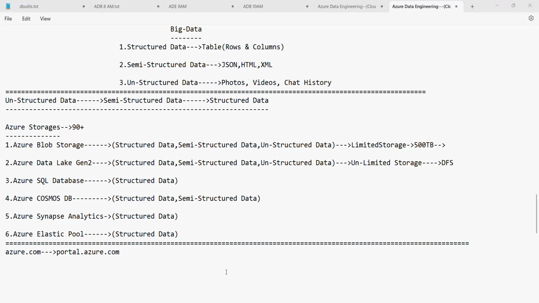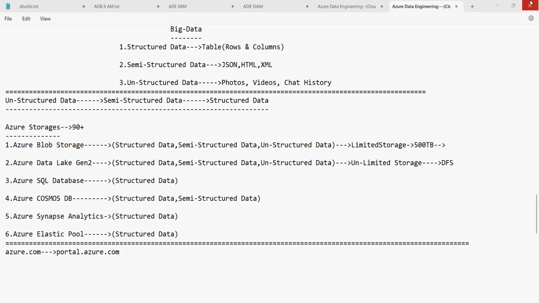When we talk about the roles and responsibilities of a data engineer, the data engineer has a wide range of responsibilities, starting from the data gathering process. Data gathering, then preparing the data. I'm telling you in simplified language so that you can understand.